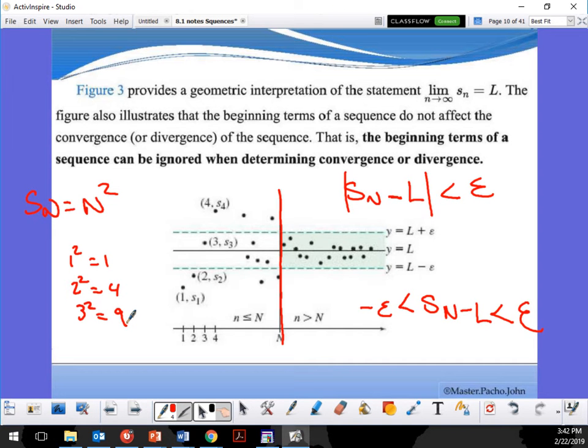Now, if you notice, as they keep going, the terms are not being squeezed into a little thing, right? This is divergent. It keeps getting bigger, going outside of those values. It's greater than the values that I previously had. So this is going to be divergent in this case, yes.